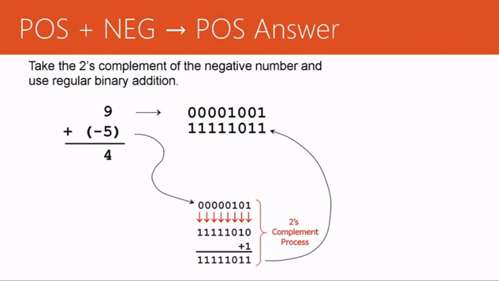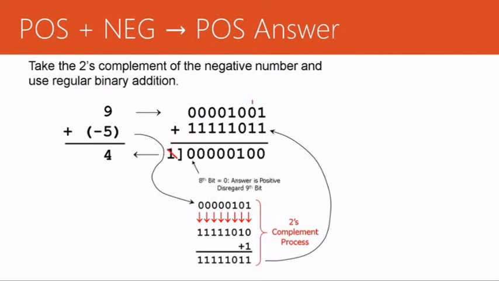There. Okay, and let's proceed to regular binary addition. So we have 1 plus 1 is 0, carry 1. Then 1 plus 0 plus 1 is 0, carry 1.